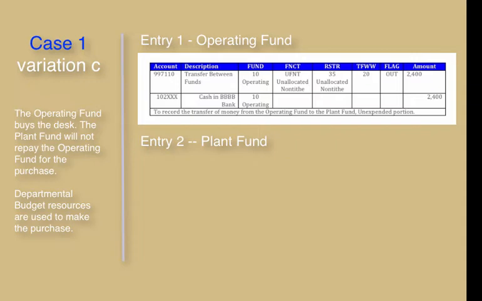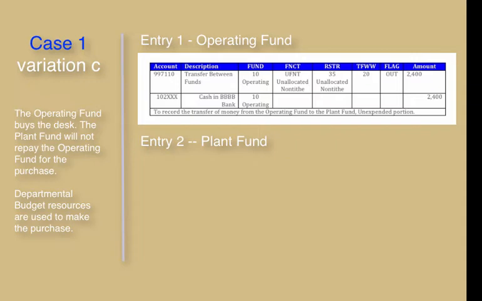So if it's a Sabbath school department, it would probably be a tithe fund. If it is a cafeteria department, it would probably be non-tithe. So we're looking at a UFNT or UFIN for the function and the restriction of either 31 or 35, depending on the department. The TFWW needs to be entered here on the debit side, and that would be Fund 20, and the flag would be out.